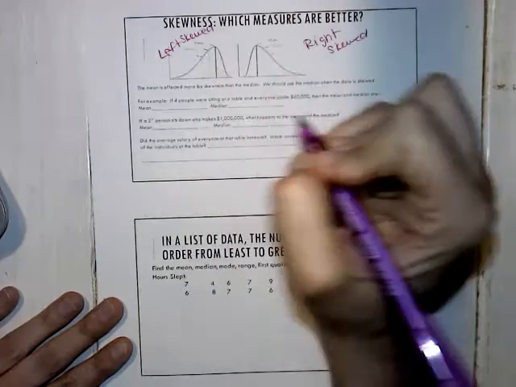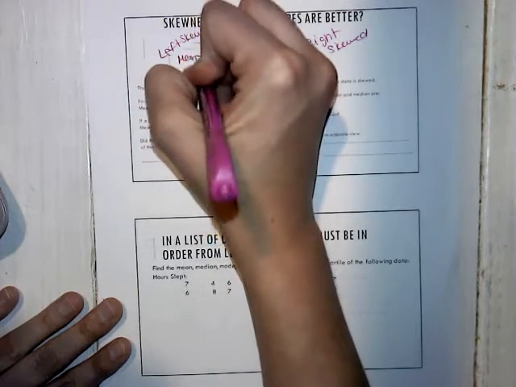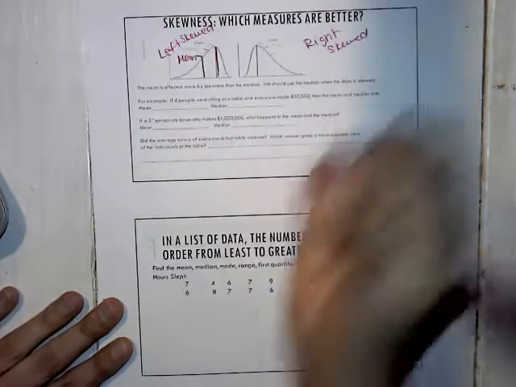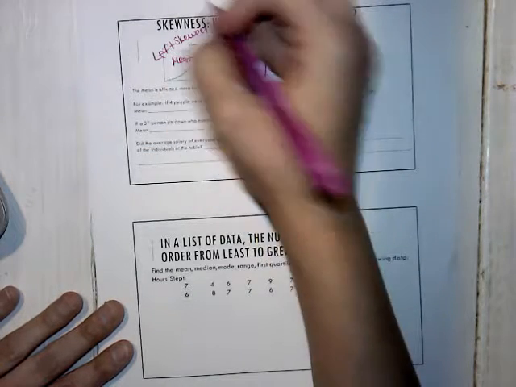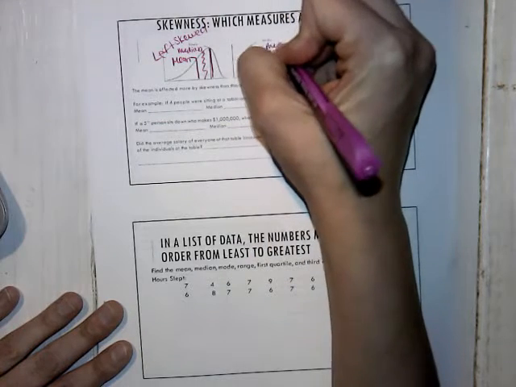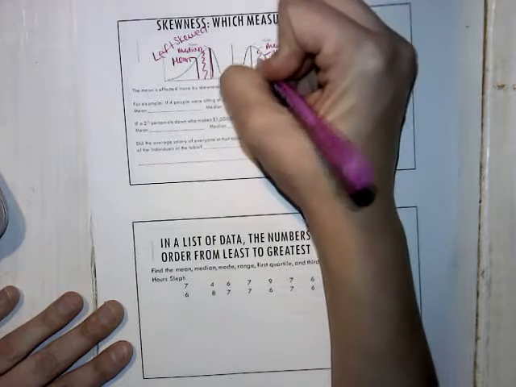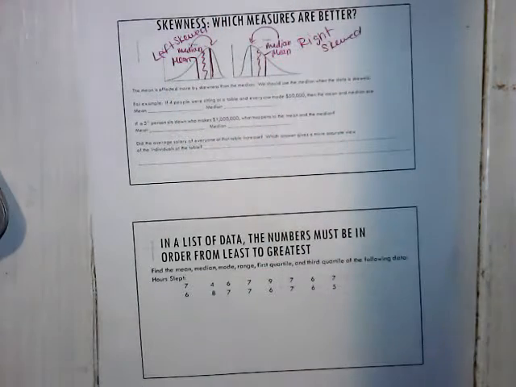But what you'll notice here is that the mean is pulled farther away from the top of the data when it is skewed in one direction or the other. So actually our median is a better representation of the data because it is closer to that center point than our mean.